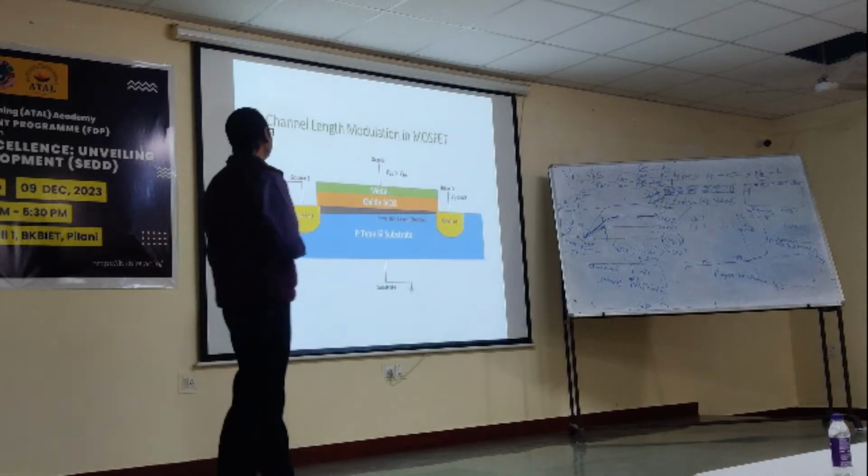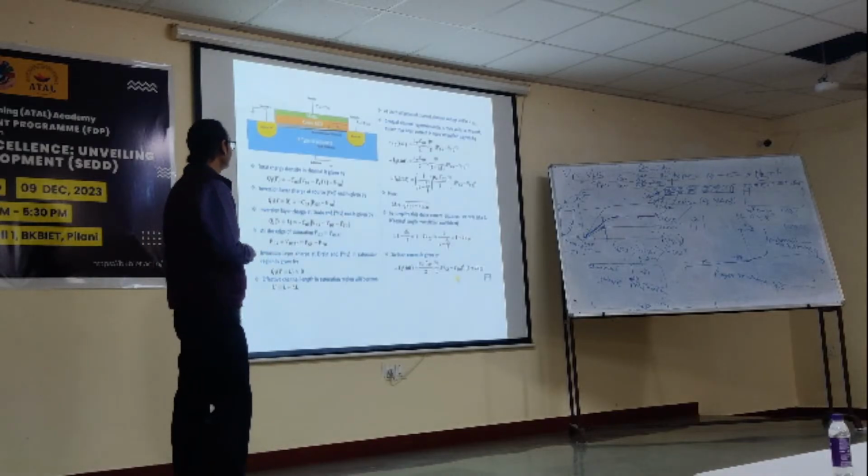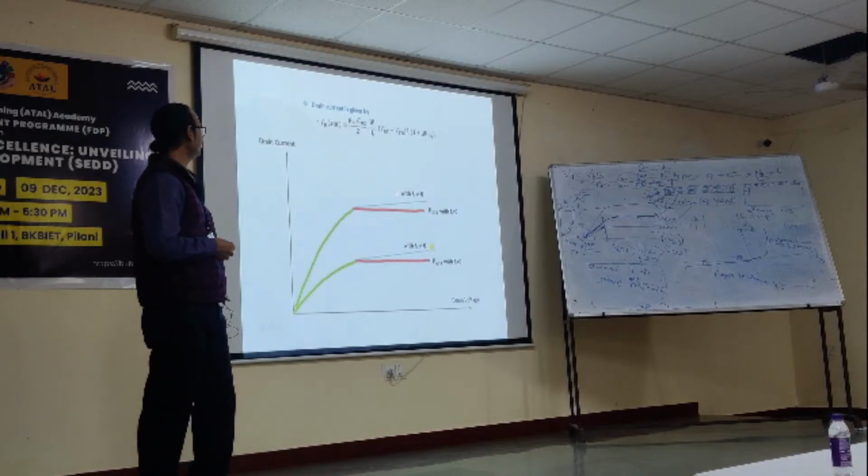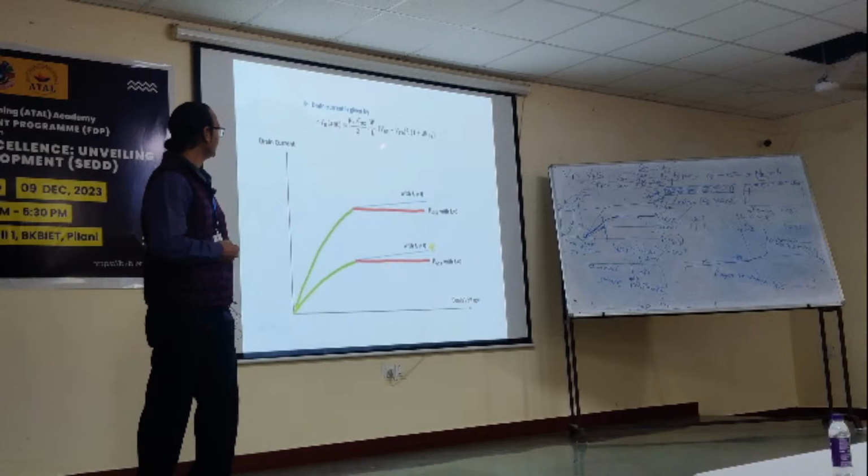Channel length modulation is done now. There's some repetition. So what happens due to channel length modulation? This drain current under saturation is this one, mu n COX by 2, W by L, VGS minus VT whole square. Correct. If the graph were like these red ones, then this is the formula up to here.